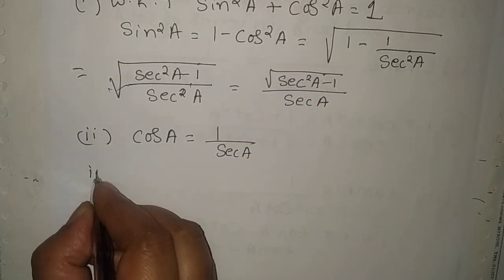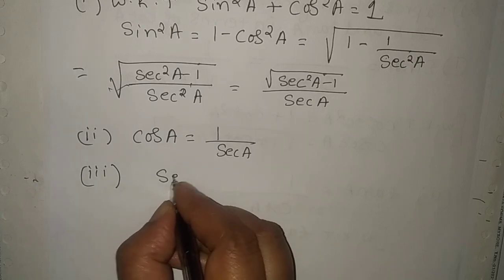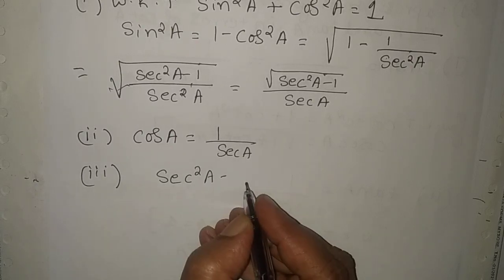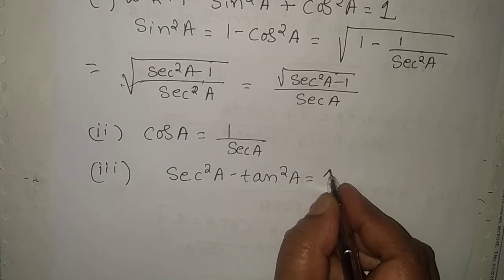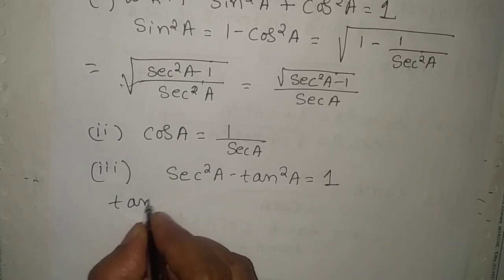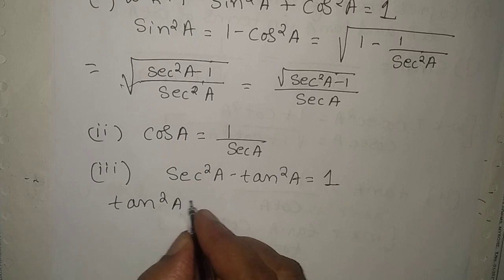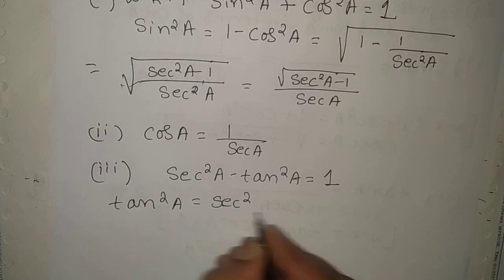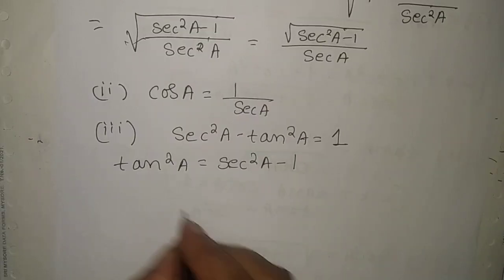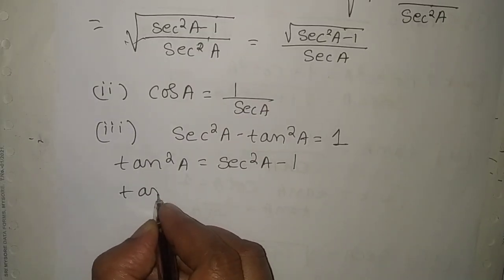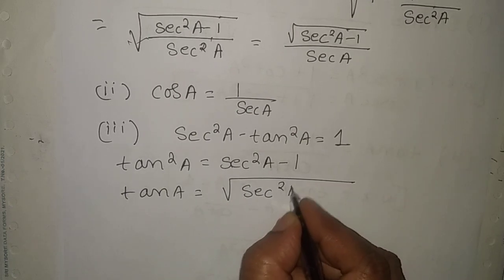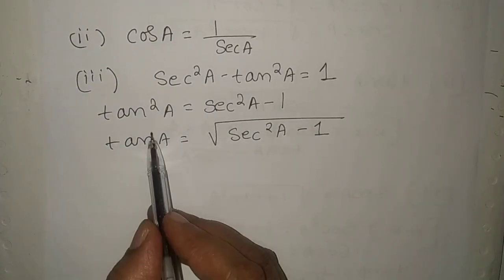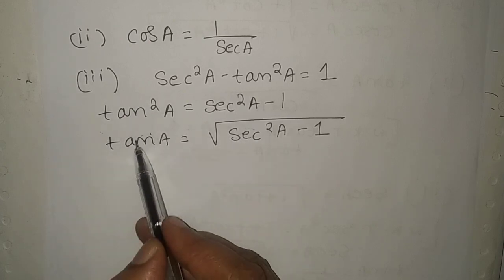Now the third one is secant square A minus tan square A is equal to 1. Now again tan square A can be written as secant square A minus 1. So tan A is equal to root secant square A minus 1. Same thing, square here means we apply square root on both the sides.